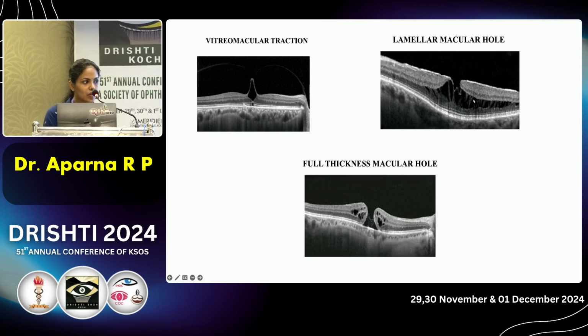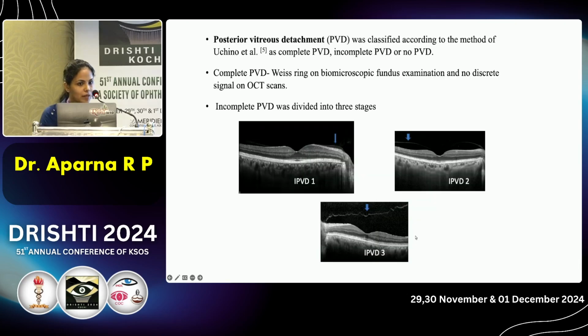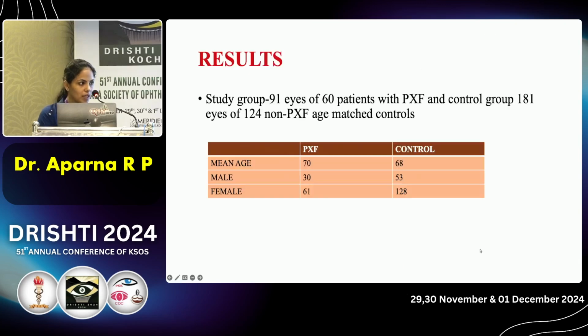The lamellar macular hole is defined as intraretinal splitting between the outer plexiform and outer nuclear layers, and full thickness macular hole as a full thickness defect extending from the internal limiting membrane to the retinal pigment epithelium. And the posterior vitreous detachment was classified according to the method of Uchino et al. into complete PVD, incomplete PVD and no PVD.